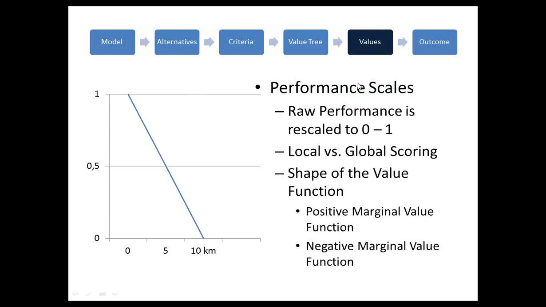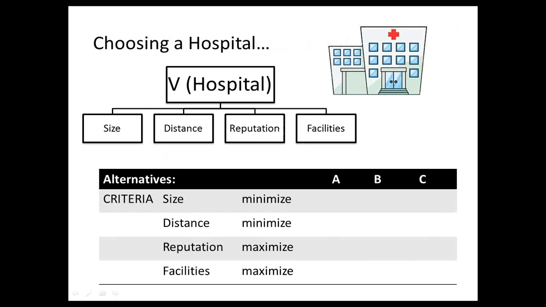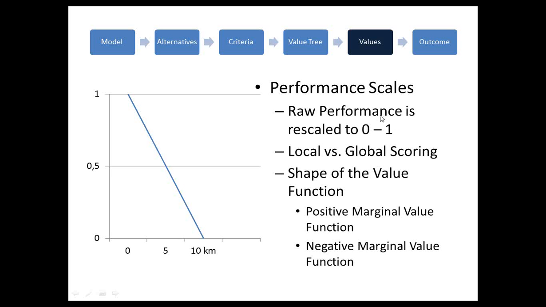And the first step that you need to do when you want to determine a performance scale for your different criteria outcomes is to translate that raw performance, for instance, the distance you travel to the hospital, to a 0 to 1 scale.